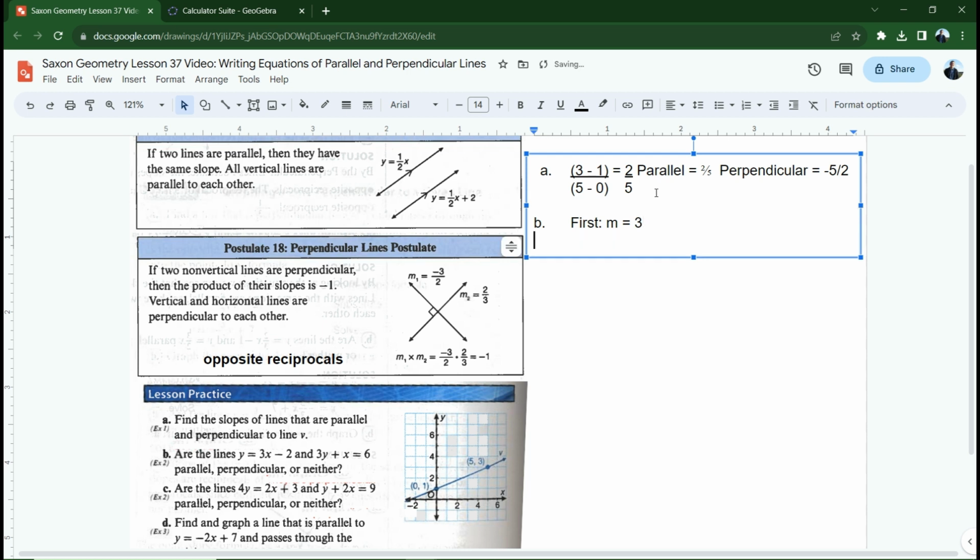The second equation is not in slope-intercept form, but we can get it in slope-intercept form to easily find the slope. I'm going to subtract x from both sides. So it's going to be 3y equals negative x plus 6. Whoa, shouldn't I just write 6 minus x?